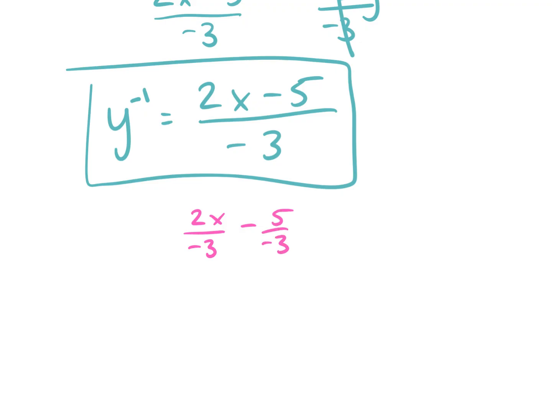And we'd want to simplify the negatives that we have there. So it could be negative 2x over 3 plus 5 over 3, because the double negative here would become a plus. You don't have to break it down like this. I'm just showing you that you can. But this would also be an acceptable answer.